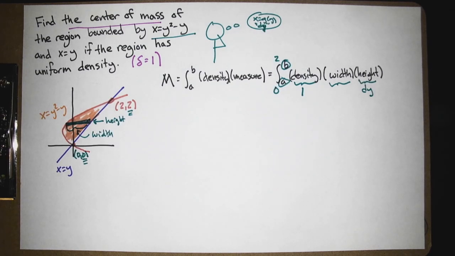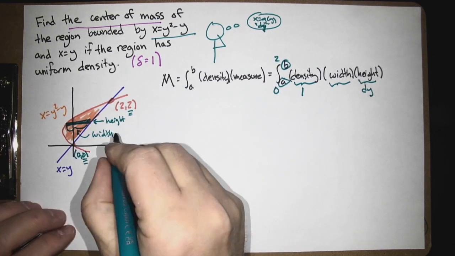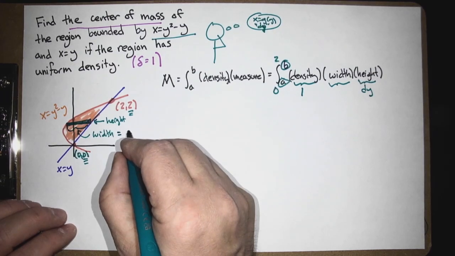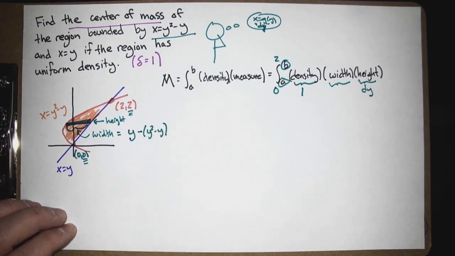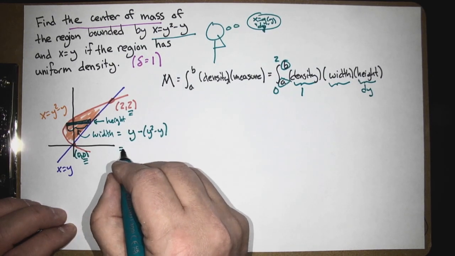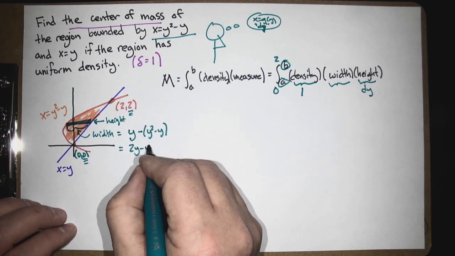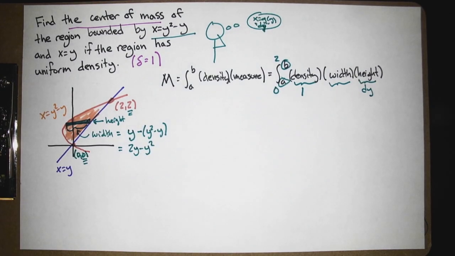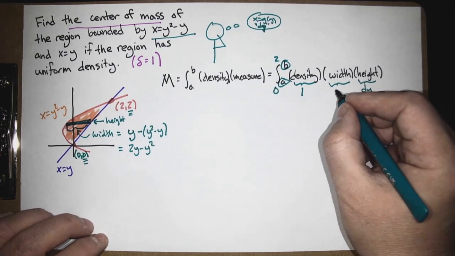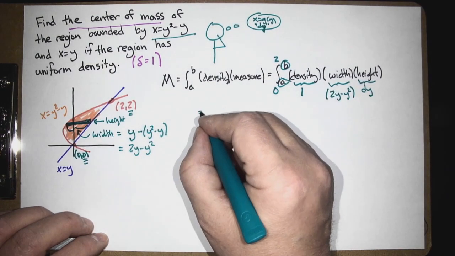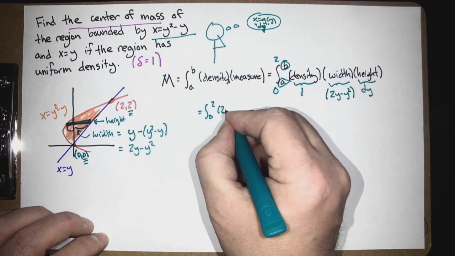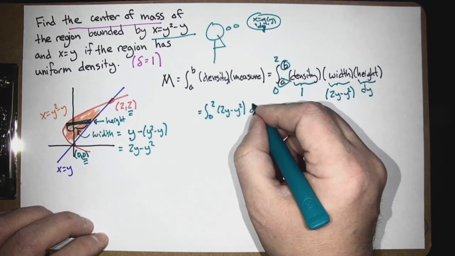It should be a function of y because it changes as we move up and down. What would it be? It would be right minus left, high value minus low value, which becomes 2y minus y squared. All right, so that goes here. Okay, so write it down: 0 to 2, 2y minus y squared dy.